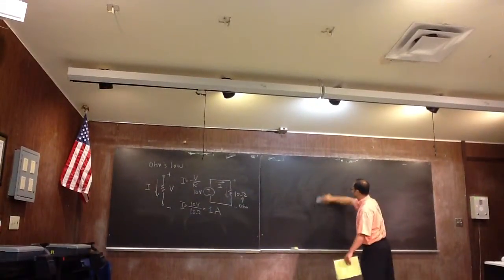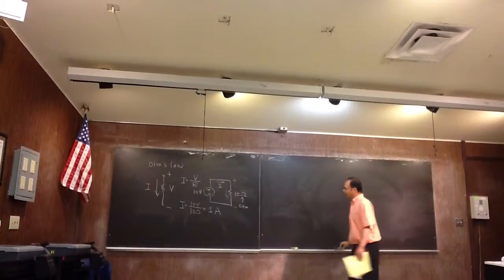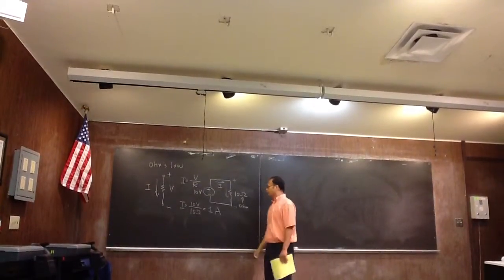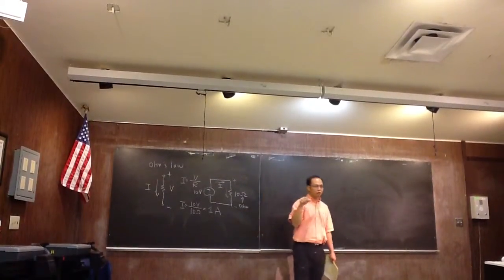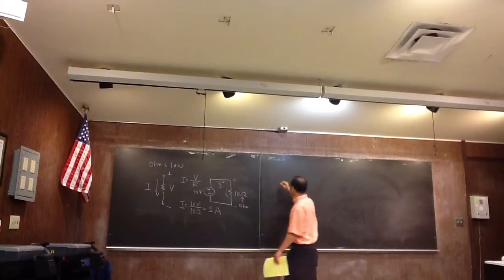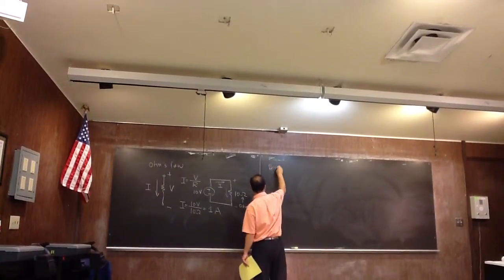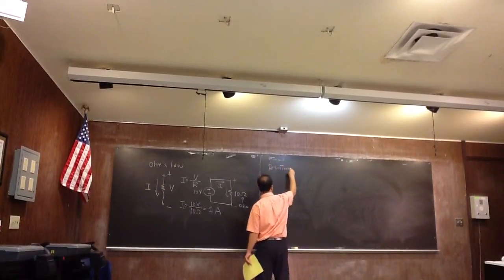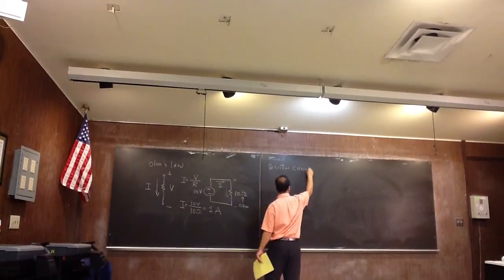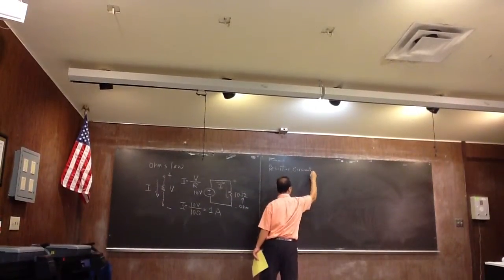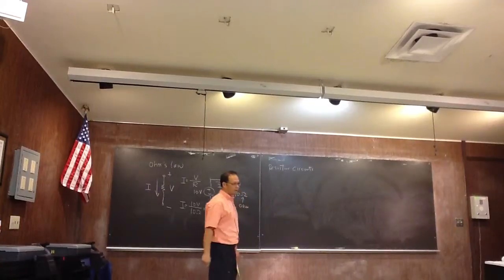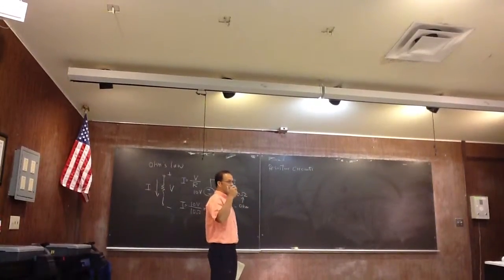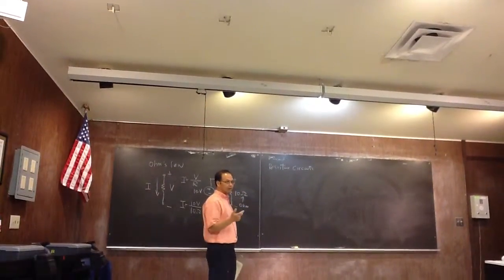All right. Now, in the beginning, we're going to talk about the resistive circuit. That means there are only resistors in the circuit.